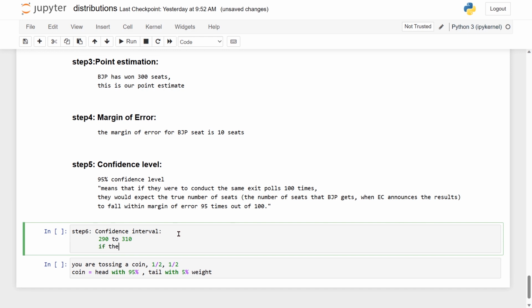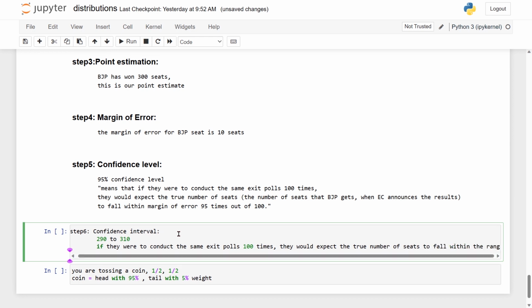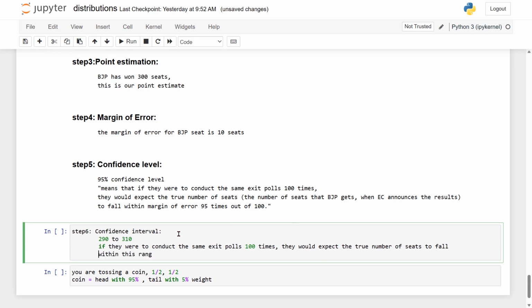This means that if they were to conduct the same exit polls 100 times, they would expect the true number of seats to fall within this range, that is 290 to 310.